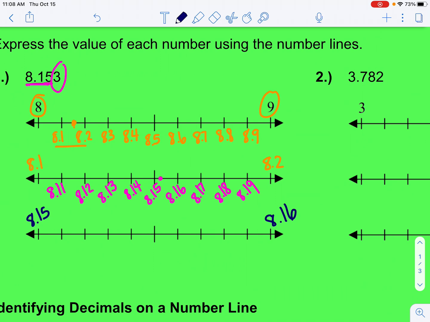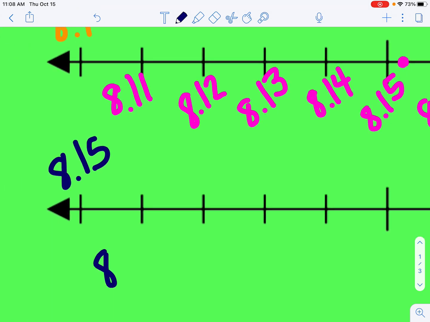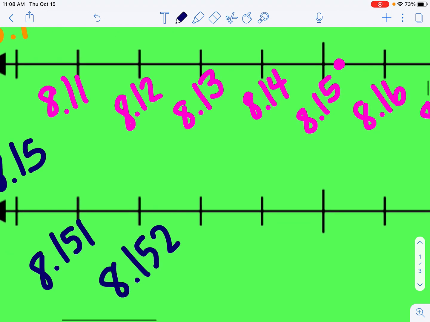Okay, so zoom in and start filling out your number line. If you're stuck and not quite sure how to fill it out, you can watch how I fill it out, and then we'll plot our points together. Alright, so we have 8 and 151 thousandths. 8 and 152 thousandths. 8 and 153 thousandths, and so on.